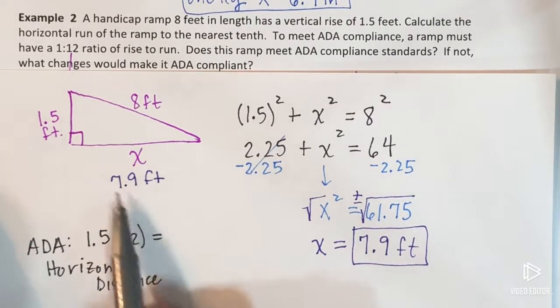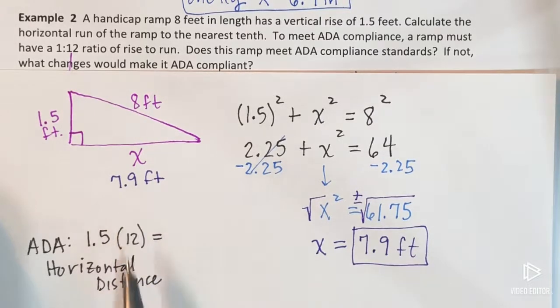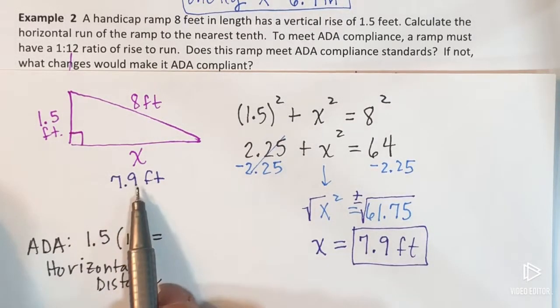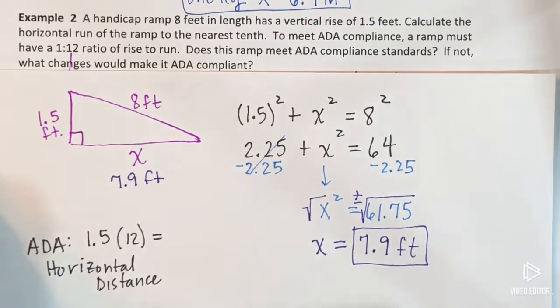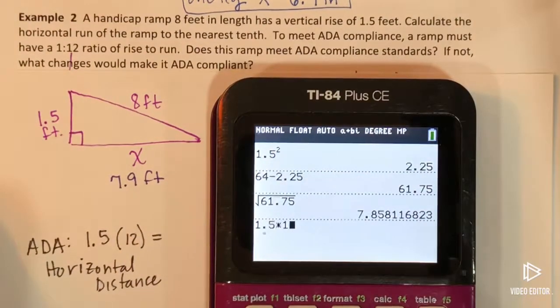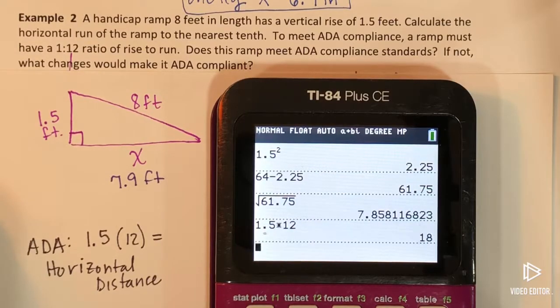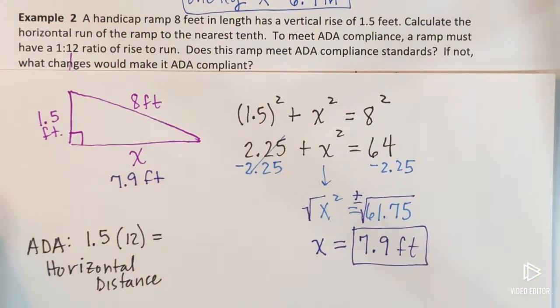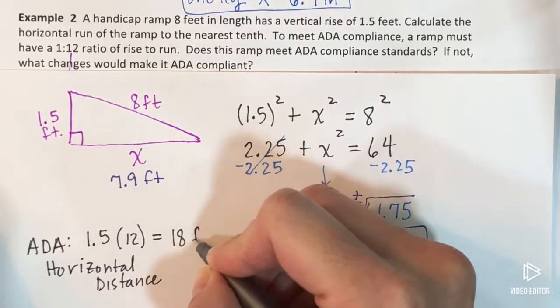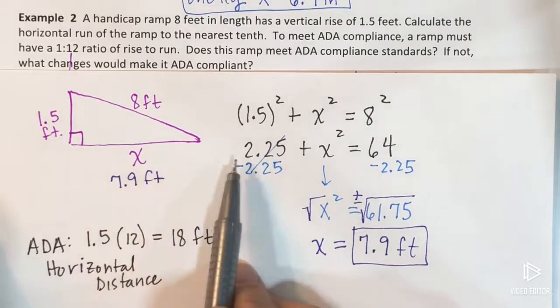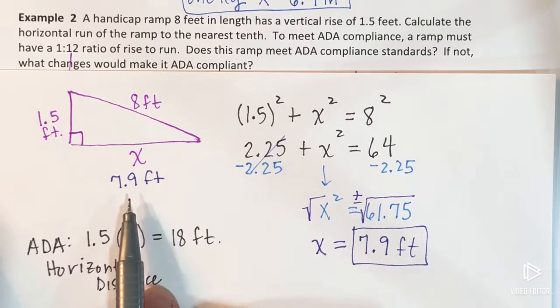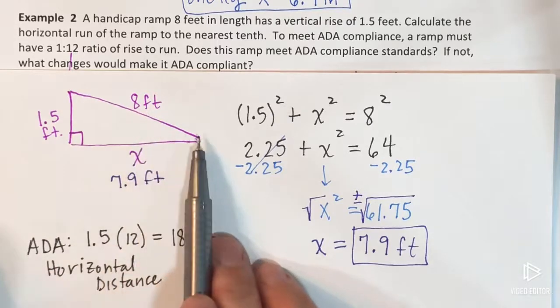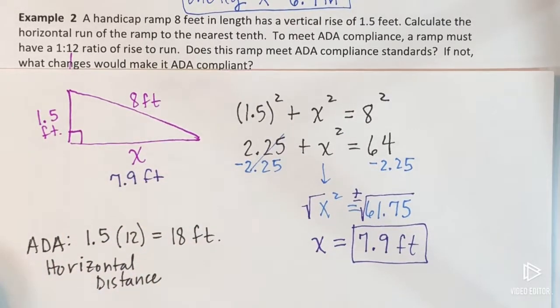If this horizontal distance that I calculated is less than whatever I get here, then this ramp is unsafe. Okay, so 1.5 times 12 gives me 18 feet. So to be ADA compliant, we need 18 feet horizontally, and ours does not even come close. So we have 7.9. So that means this is a pretty steep ramp.